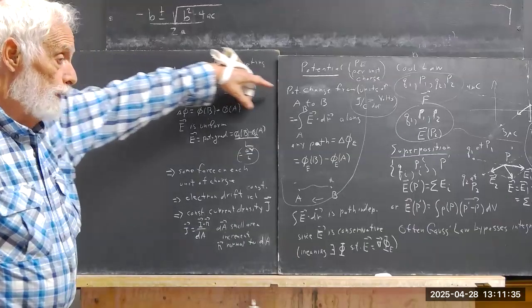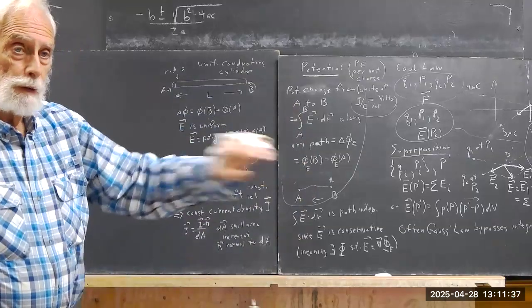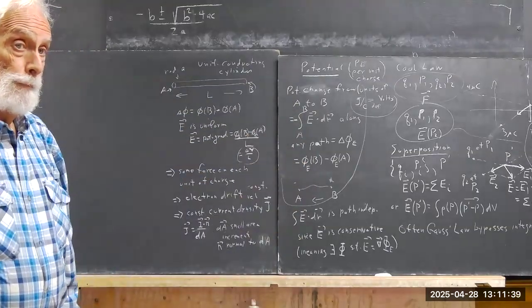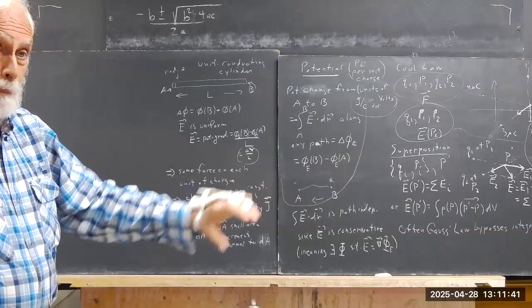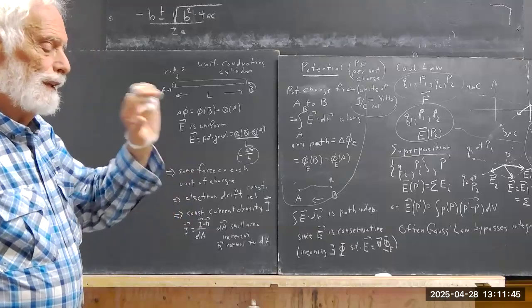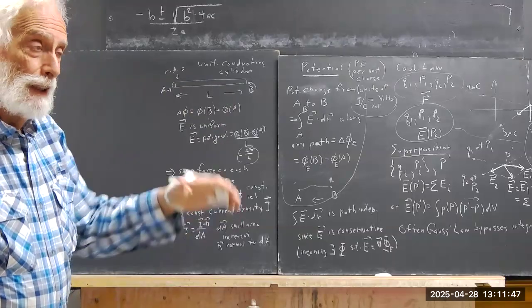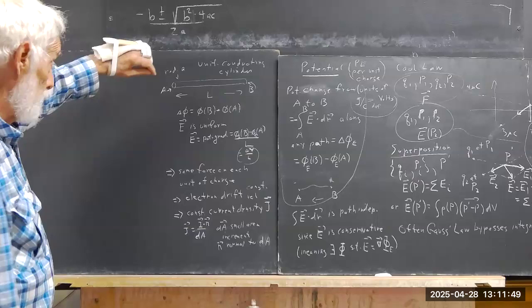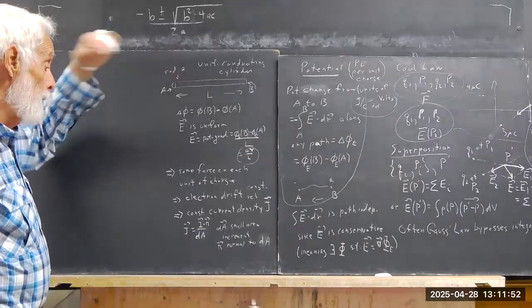Now, in the case of a uniform cylinder, which is a model for a wire or any nice uniform conductor, I'm going to get into details of definition.